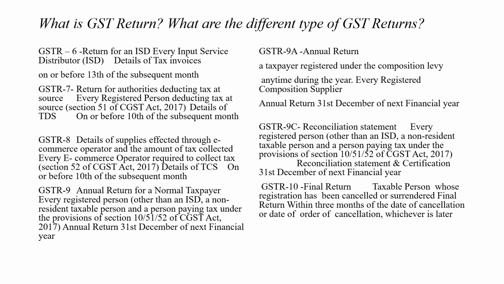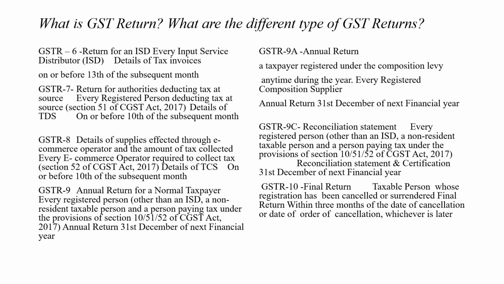Details of supplies effected through an e-commerce operator and the amount of tax collected. Every e-commerce operator required to collect tax, section 52 of the CGST Act. Details of TCS on or before the 10th of the subsequent month.